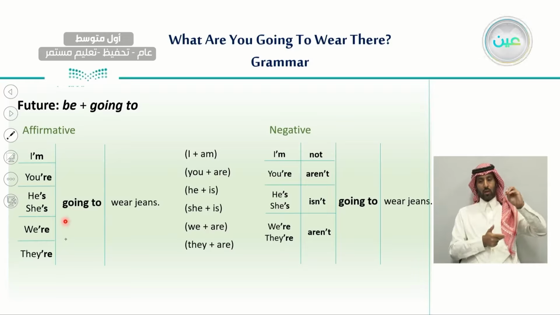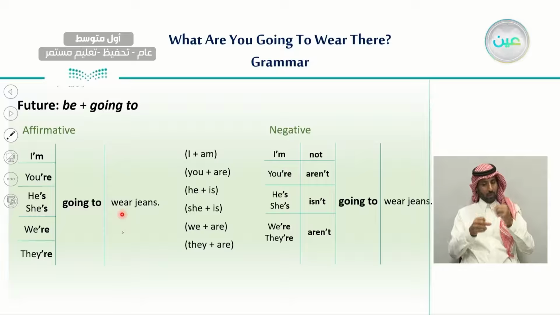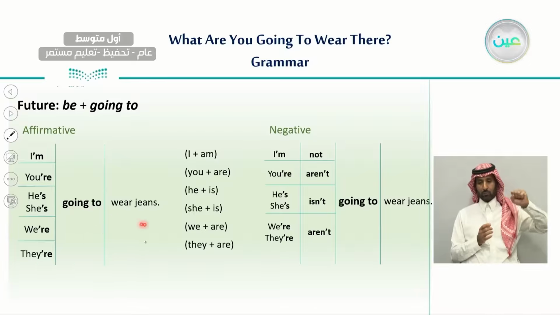After going to comes a regular verb like wear or play or do or study. So it's a base verb. We don't have to add anything to the verb that comes after going to, and then we continue the sentence. For example, I am going to wear jeans.